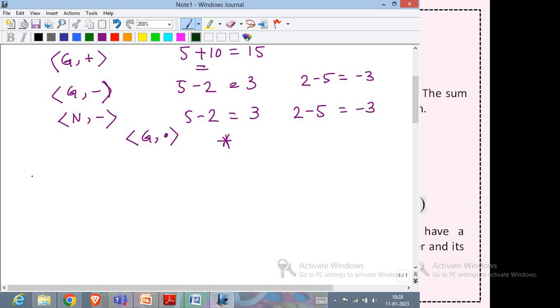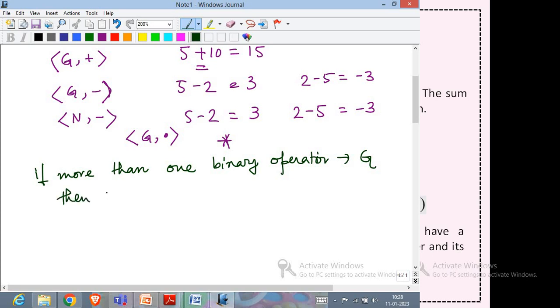So if more than one binary operator applies on G, then we call that an algebraic structure. Okay? Then it is called an algebraic structure.